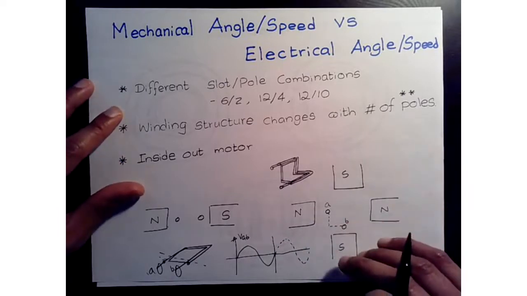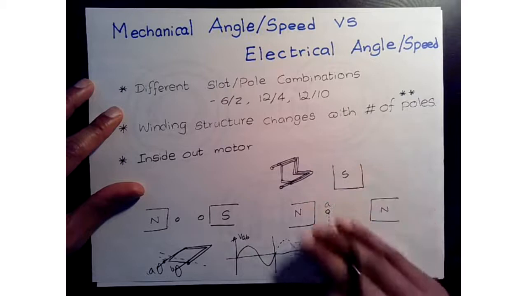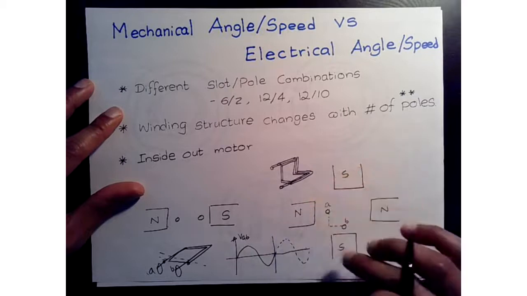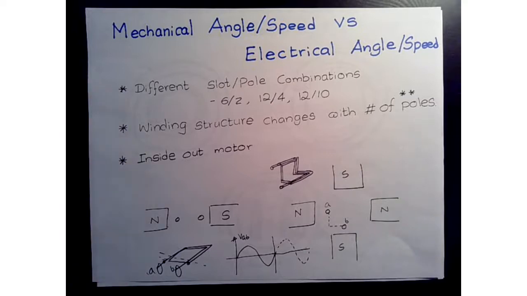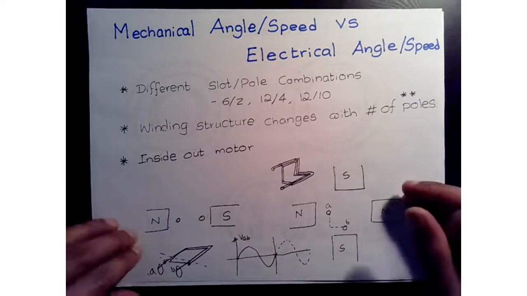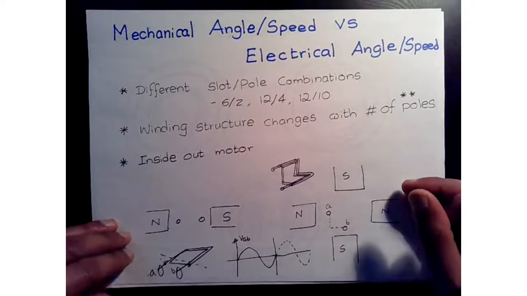Okay, so hopefully this provides a little bit more clarification of how changing the number of poles will affect the mechanical speed if you maintain the same electrical speed.